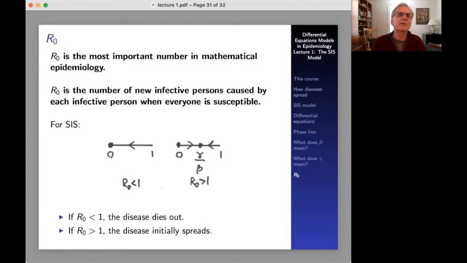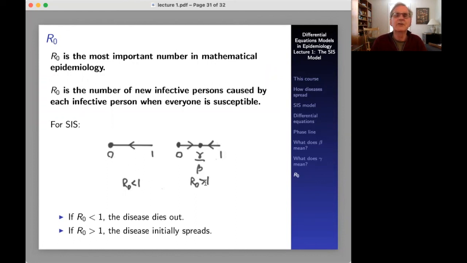So for the SIS model, what does that say? Remember, this was the I-axis. So I equals 0 is when there's no infectives, when everybody's susceptible, so to speak. So when R naught's less than 1, if the disease entered the population, if the infectives became slightly positive, each infective is replacing himself with less than 1 infective person, the disease dies out.